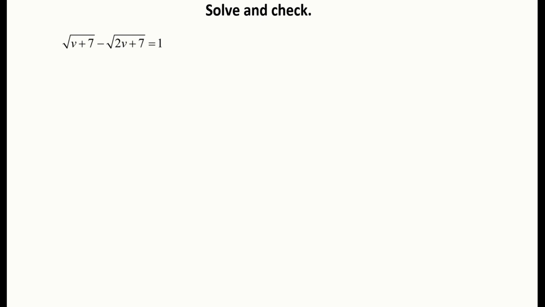So assuming you're back from trying it, we're gonna go ahead and keep one radical on the left side, like the square root of v plus 7, and we'll go ahead and move the other one to the other side, which changes sign, becomes positive square root of 2v plus 7. And now we're ready to go ahead and square both sides.